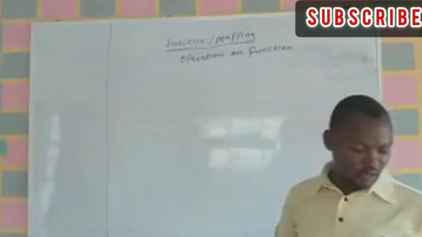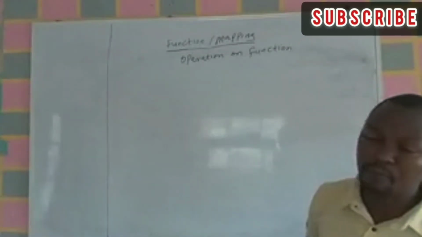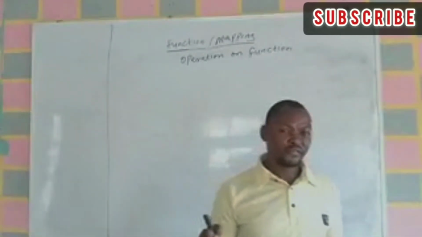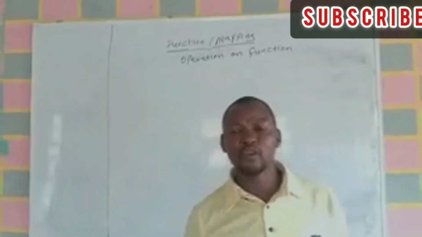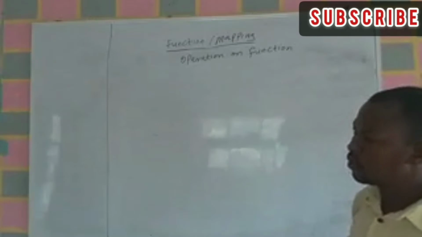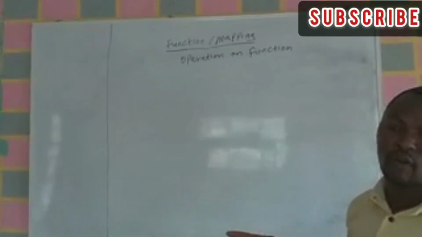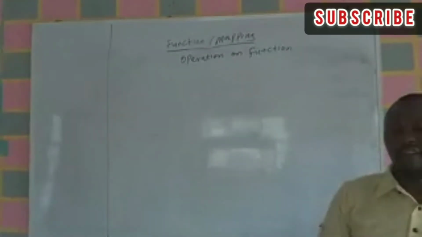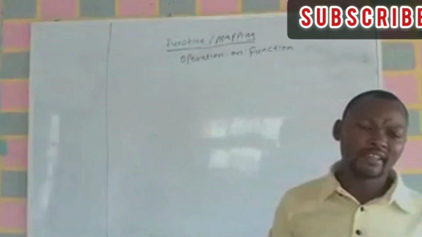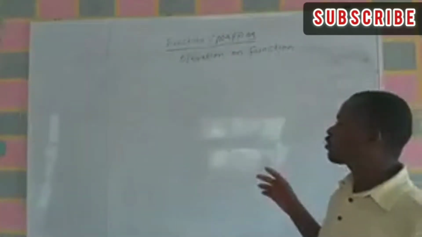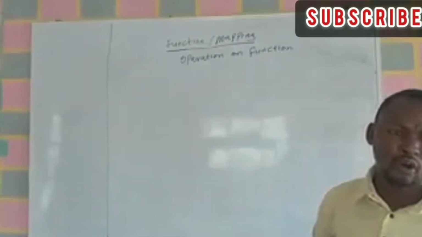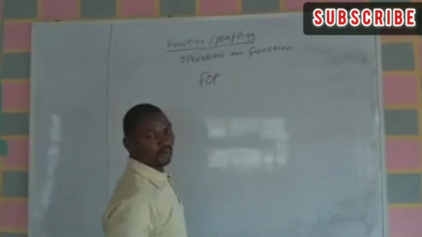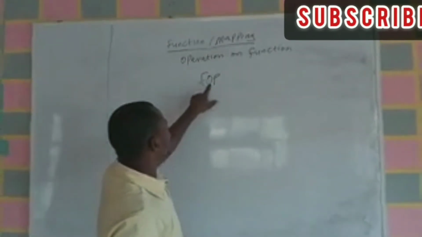When we talk about operation of function, as I said earlier, we are going to consider composite function first. In composite function, we are given two or more functions. We pick one of the functions and substitute it in the variable of the other function. This is what will let you know you are handling a question on composite function, such as f o p, where f is a function and p is also a function.